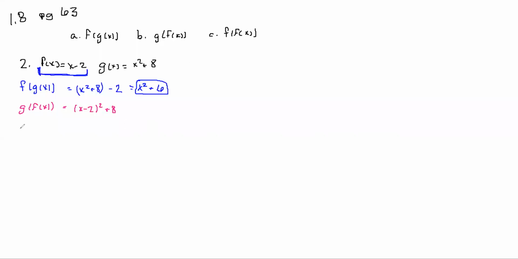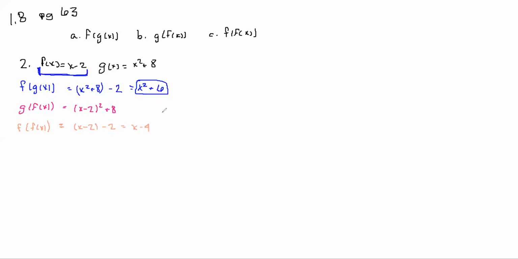All right, so finally, if I have f of f of x, wouldn't it just be x minus 2 minus 2? And then you simplify it, which is x minus 4. Yep.